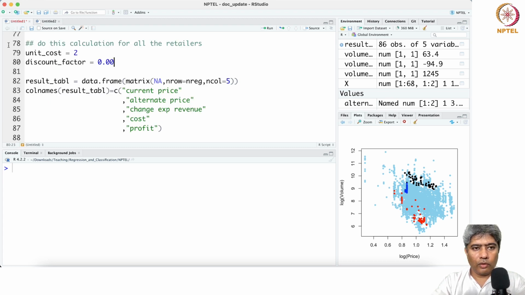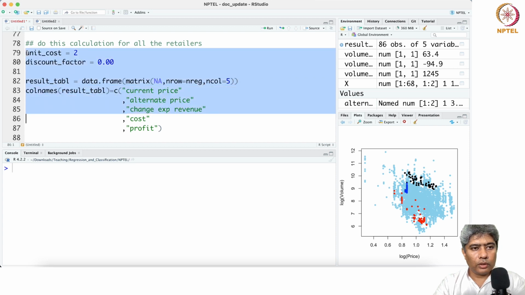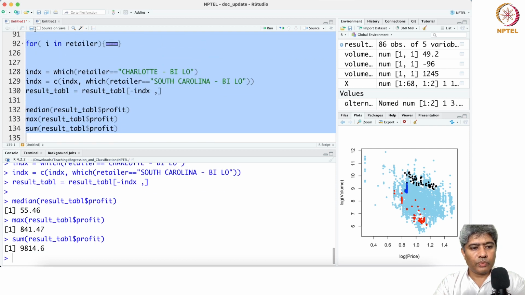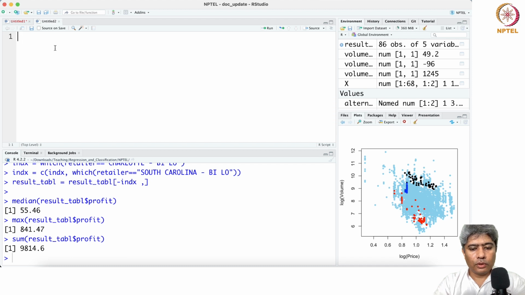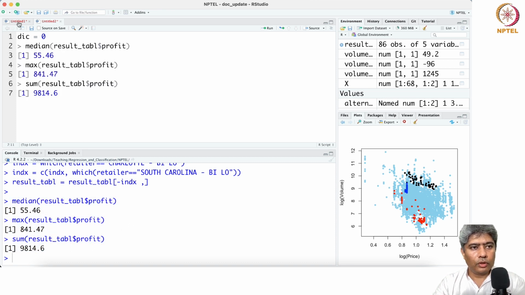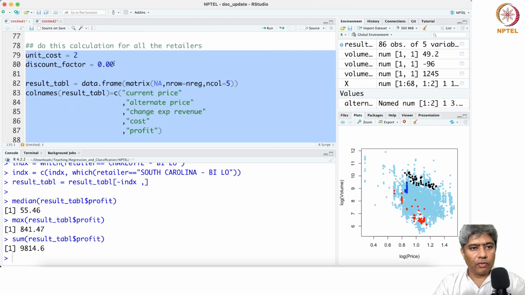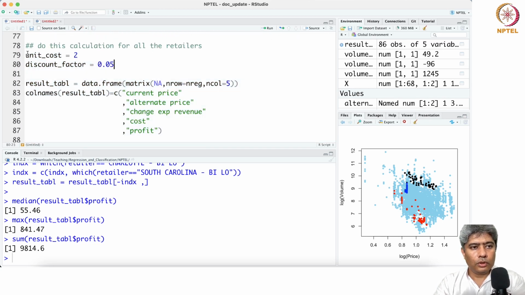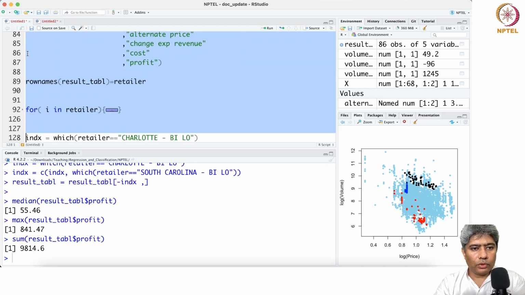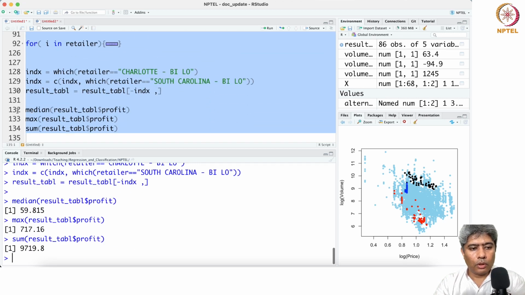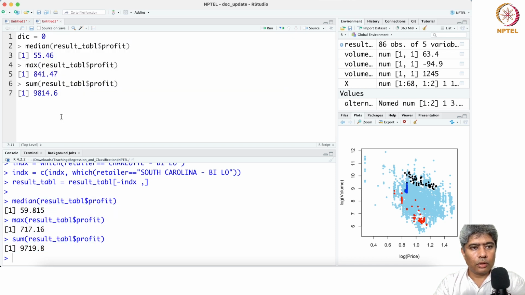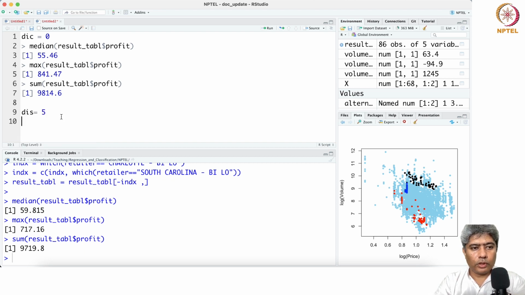If I don't give discount, that is what happens. So discount equal to 0, I get median profit of these guys. Now if I give 5% discount, then I get this. Discount is 5%.